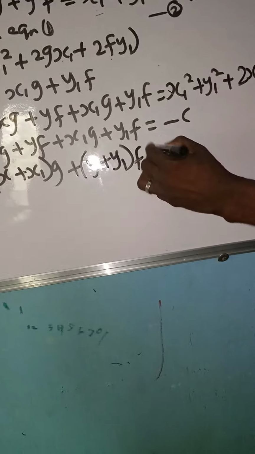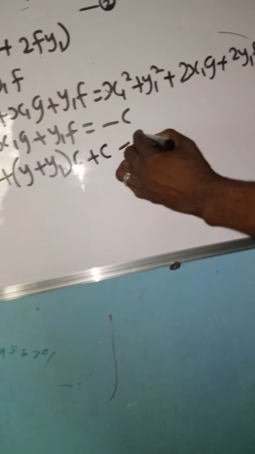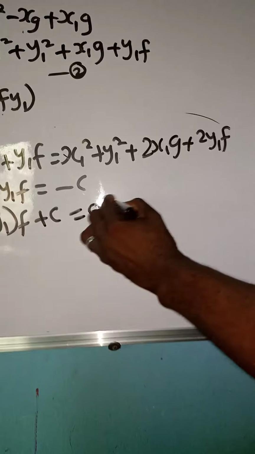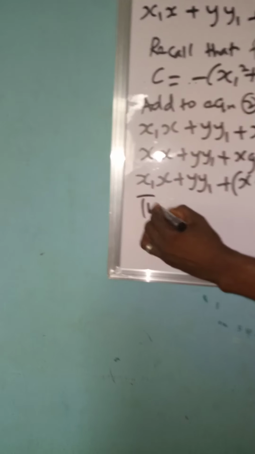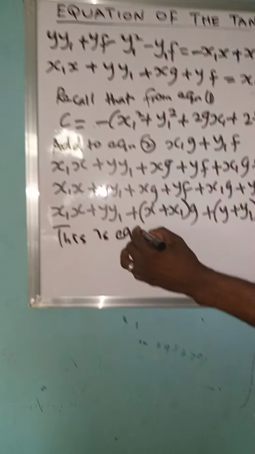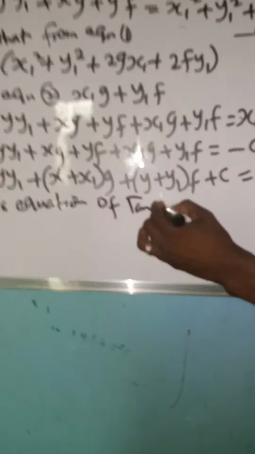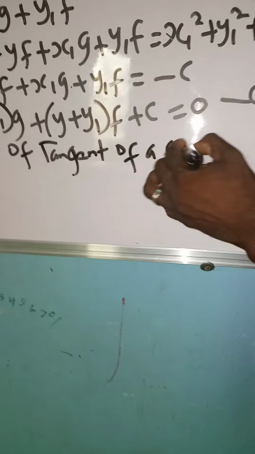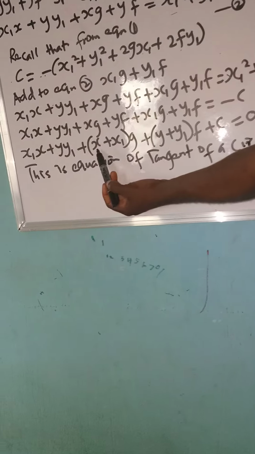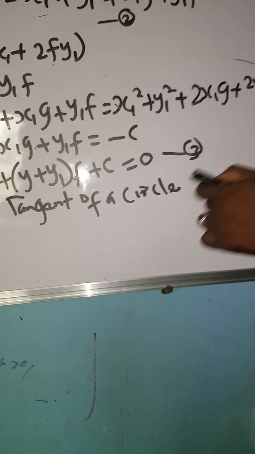Bring minus c here, you have plus c. This is equation 3. This is the equation of the tangent. This is the equation of the tangent of a circle. That is x1x plus yy1 plus (x plus x1)g plus (y plus y1)f plus c is equal to 0.